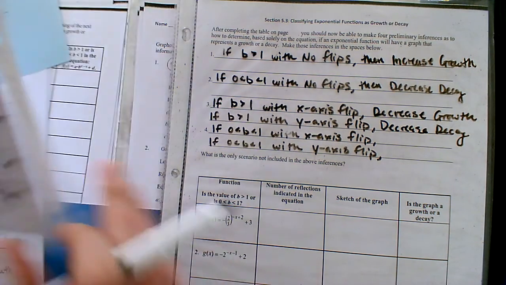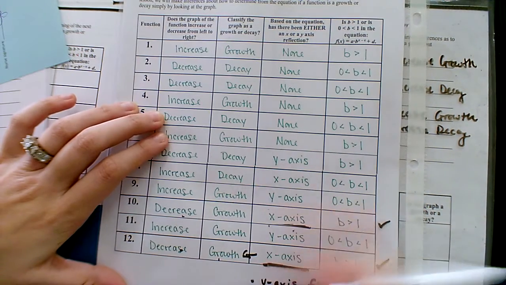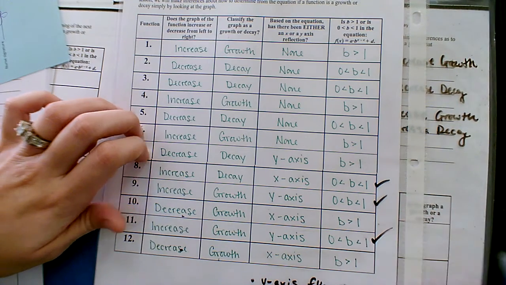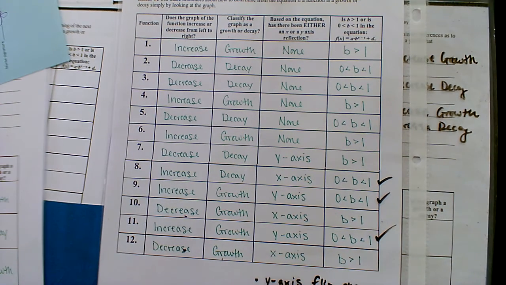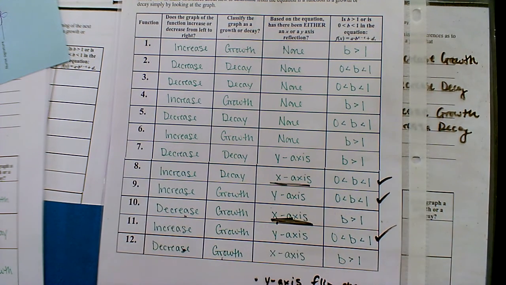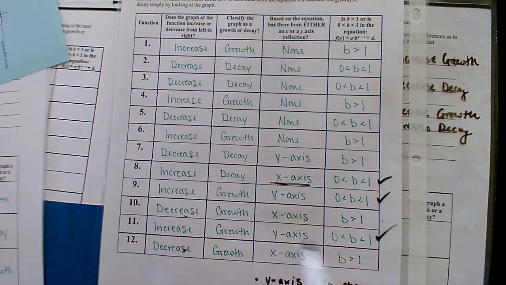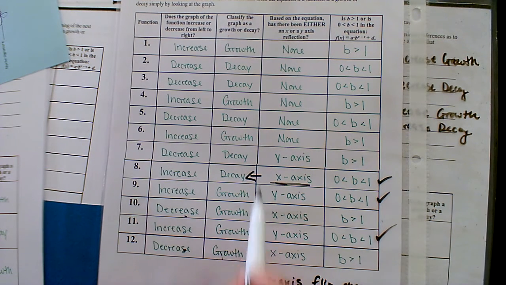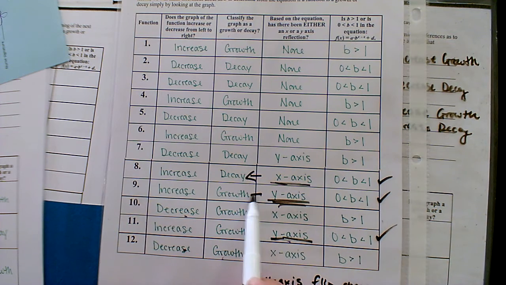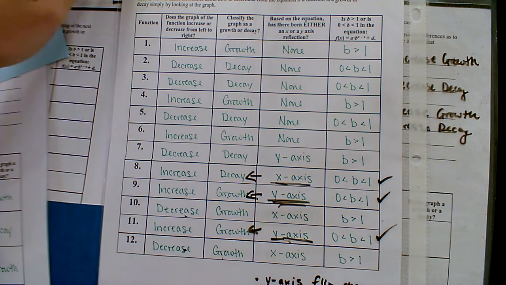Let's maybe do the same thing for the base between 0 and 1. So that's these three. It seems like an x-axis flip, oh, wrong one. An x-axis flip is going to lead us to increasing decay, whereas a y-axis flip is going to lead us to increasing growth.